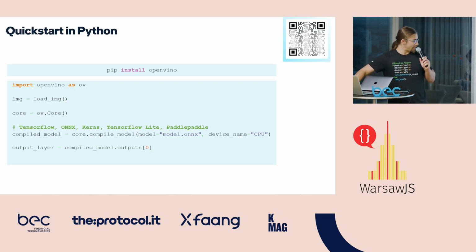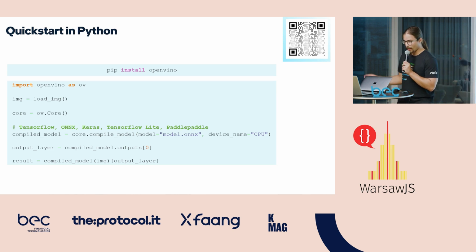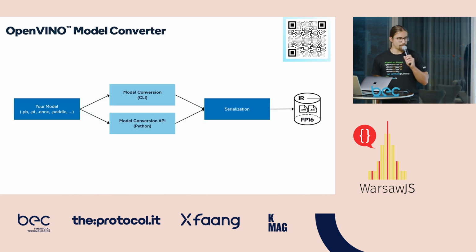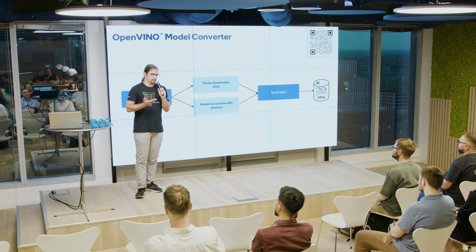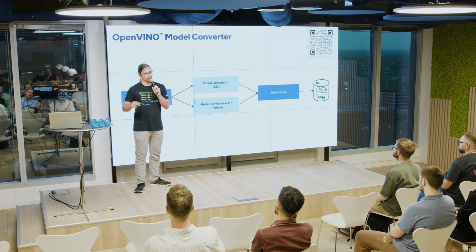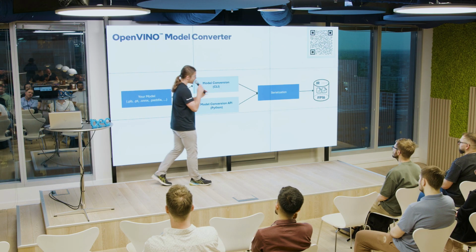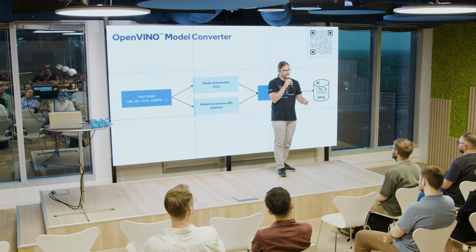We define the output layer because sometimes there are a few outputs, and we get the result by running the inference. So OpenVINO models are in different format than other frameworks. For example, in PyTorch, we have a .pt format. OpenVINO has IR format, which consists of two files.